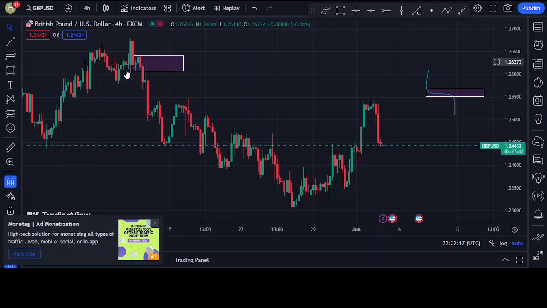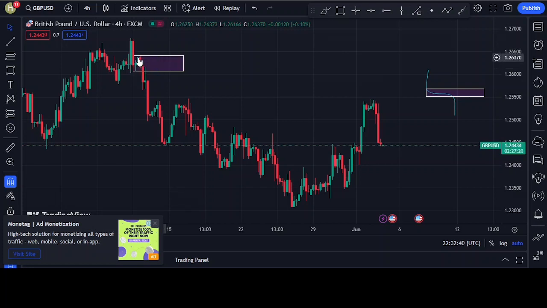Which point did I consider? I took this low of the week, then I took this high of the week. You can see I didn't take this green candle and this green candle. I considered the highest here, and it happens to have the highest peak with this red candle.